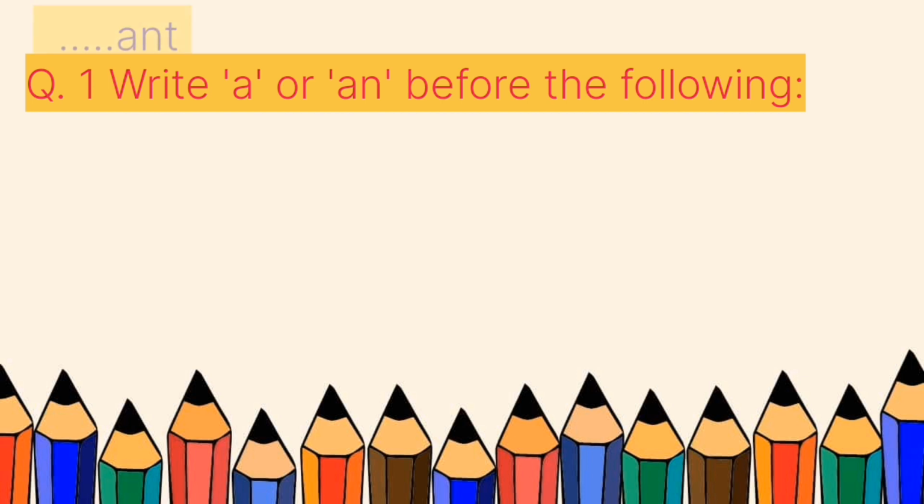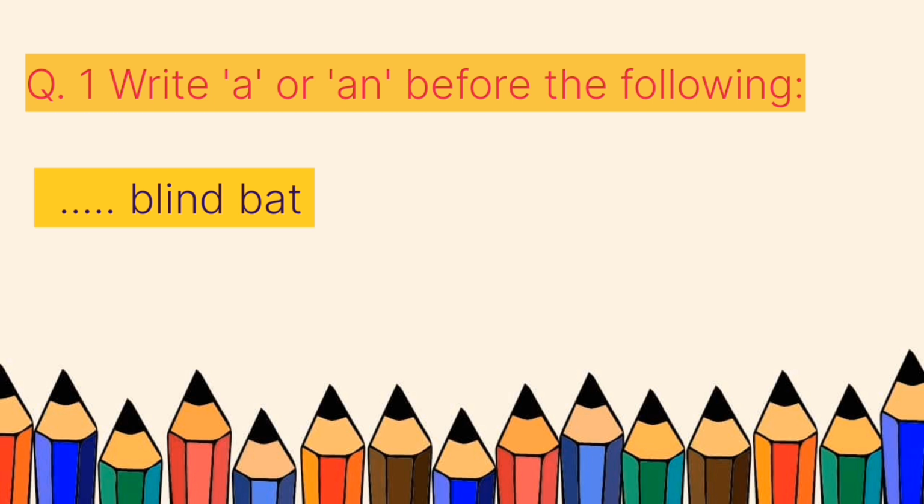Next, dash ant. The answer is an ant. Since ant begins with the vowel sound A, we use the indefinite article an. Next, dash blind bat. The answer is a blind bat.